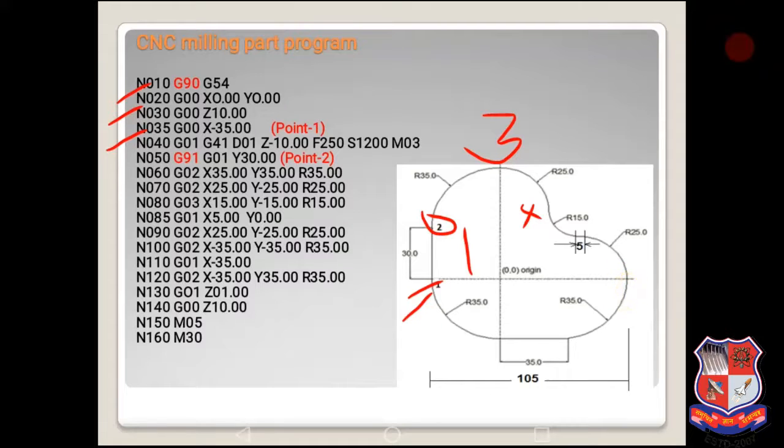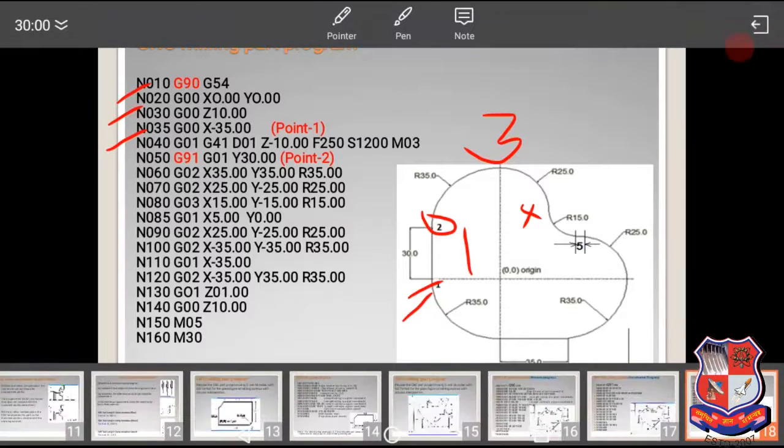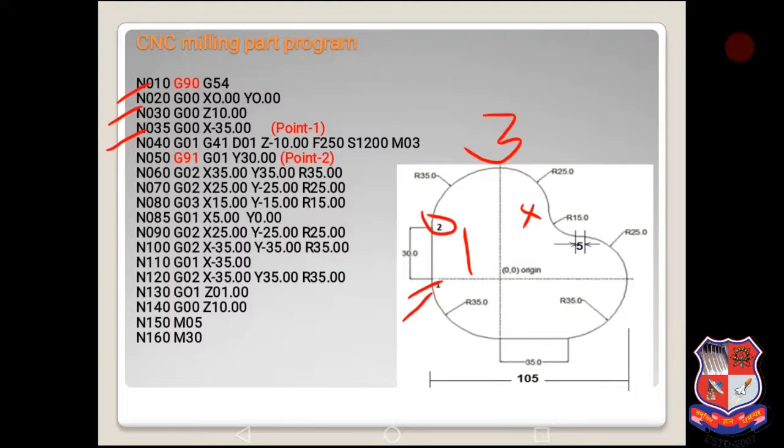So the movement is in left direction from the origin. We are using the sign minus with G02 command, and also for Y because it is in downward direction from the last position of the tool 0 0.